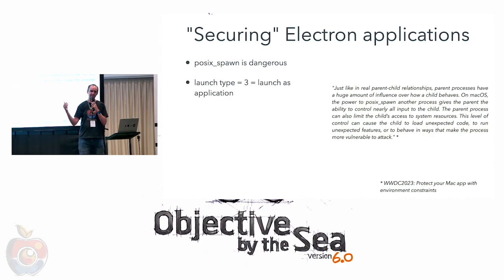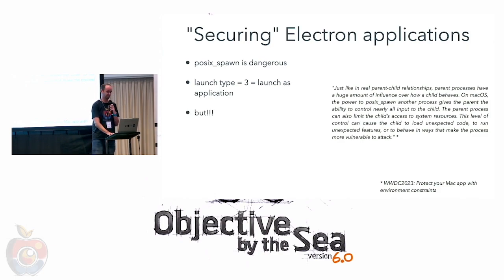So you can set your application's launch type to 3, which means you can only start your application as an application, like clicking on it. You cannot type it in the command line and run it.